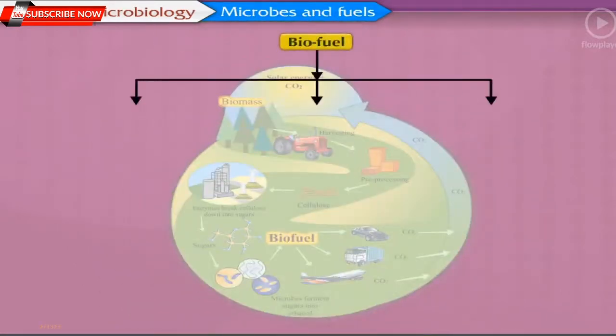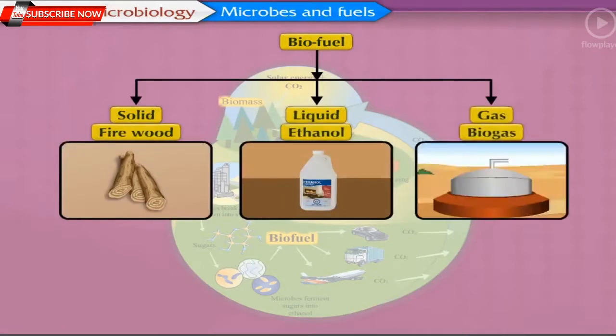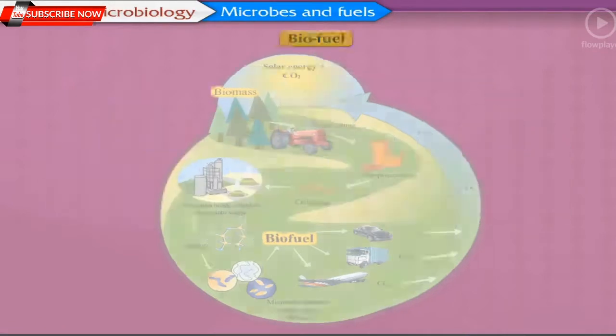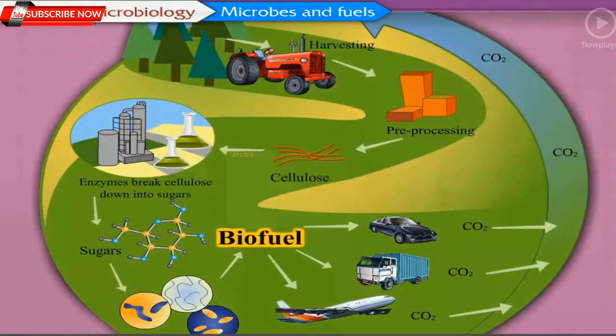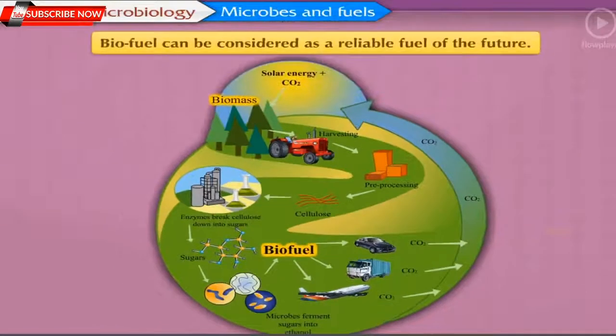Biofuels are available in three forms: solid, liquid, and gaseous. Burning of biofuel releases less carbon dioxide in the air as compared to the fossil fuels. The carbon dioxide released in the atmosphere is again used up to produce biomass, and thus, in this way, biofuel can be made available in nature in abundance and can be considered as a reliable fuel of the future.